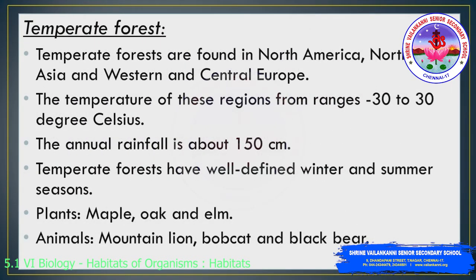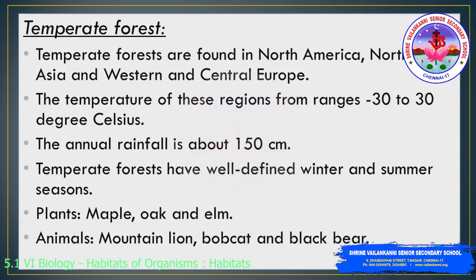The next type of forest is the temperate forest. Temperate forests are found in North America, Northeast Asia, and Western and Central Europe. The temperature of these regions ranges from -30 to 30 degrees Celsius. The annual rainfall in the temperate forest is about 150 centimeters.